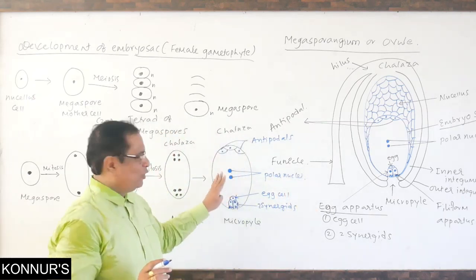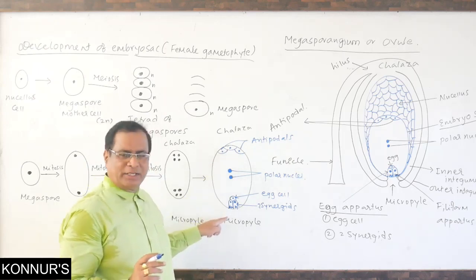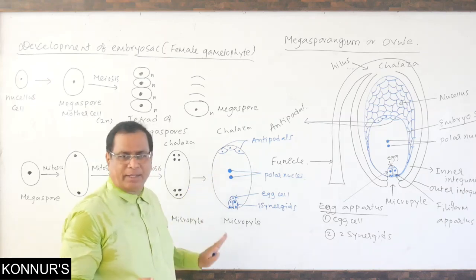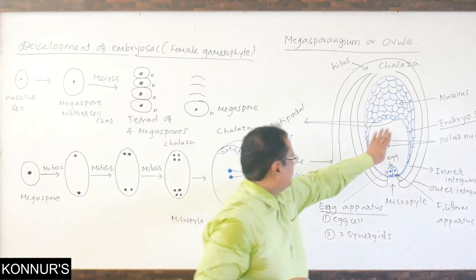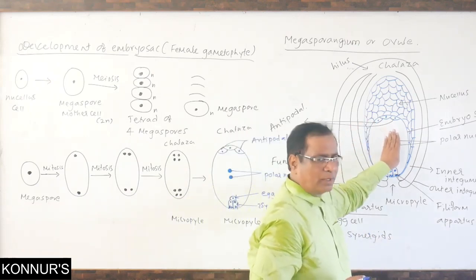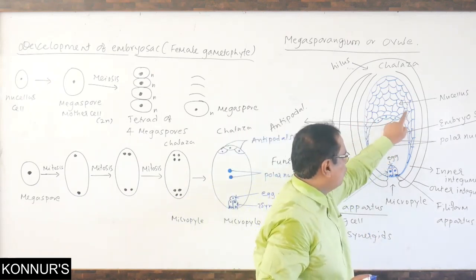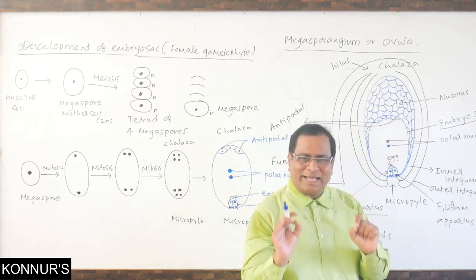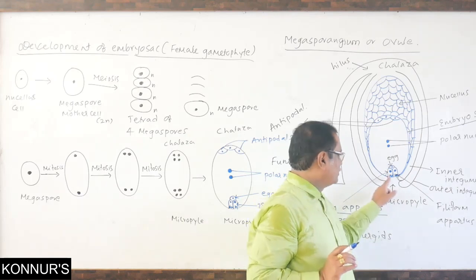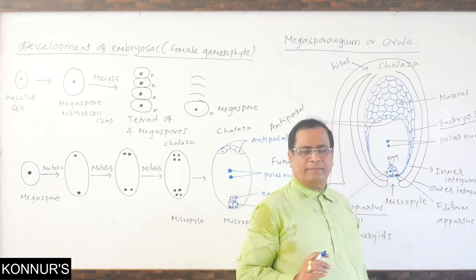Embryo sac with 8 nucleated condition and 7 cell is developed. That is here. How is this formed? This is formed from one of the nucellus cells. That nucellus cell is present towards micropyle.